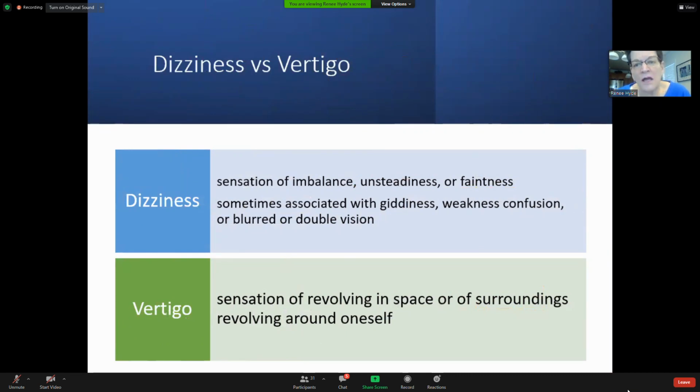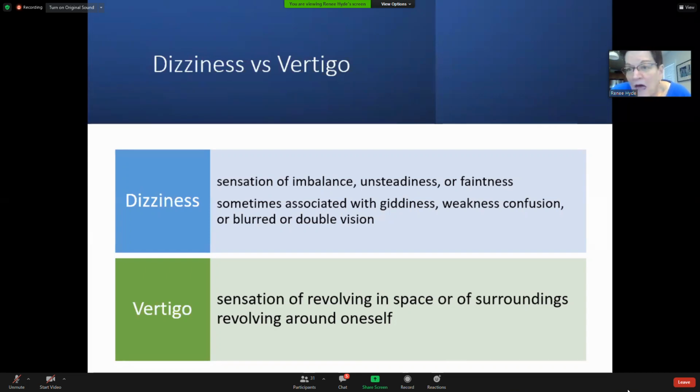Now, when you're talking about Meniere's disease, there are a couple of terms I want you to be very straight with. Dizziness is a sensation of imbalance, unsteadiness, or faintness. It's sometimes associated with giddiness, weakness, confusion, or blurred or double vision. Think of this as our patients that may have orthostatic hypotension.